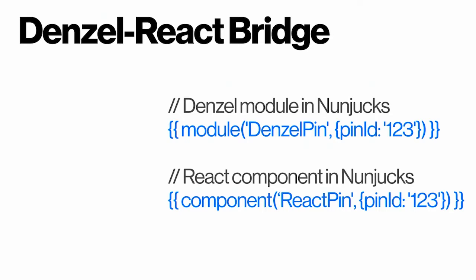So in order to empower our engineers to migrate our service incrementally, we tweaked Nunjucks' rendering engine and introduced a new keyword, component, which represents the bridge between Denzel and React and falls back to React rendering. So once Nunjucks meets the component keyword, it will render Denzel-React Bridge instead.